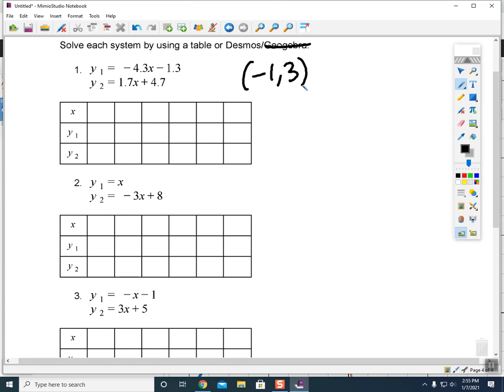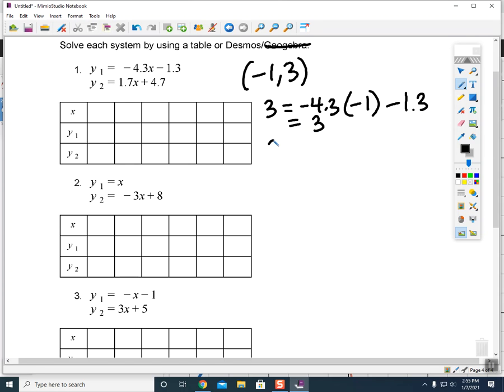So in the first one, I would have 3 equals negative 4.3 times negative 1 minus 1.3. So I would have negative 4.3 times negative 1 is going to be a positive 4.3. 4.3 minus 1.3 is going to give me 3. 3 equals 3. We're good.